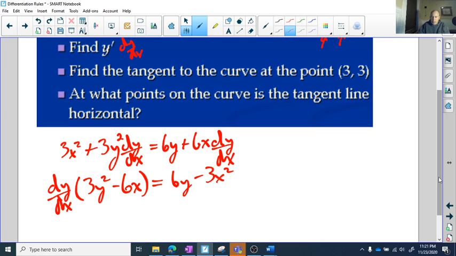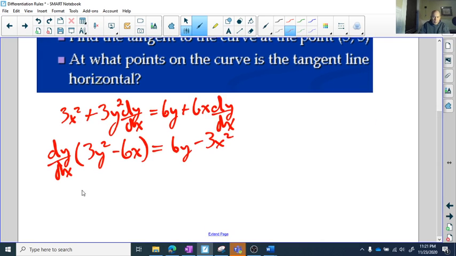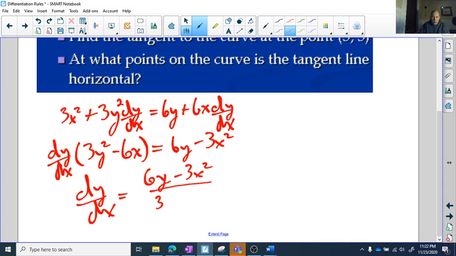Now to get dy/dx by itself, I'll divide both sides by this. So dy/dx is 6y, take away 3x squared over 3y squared minus 6x. So that's the first question they asked.